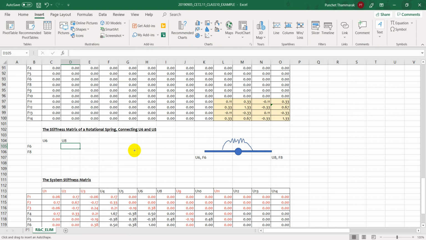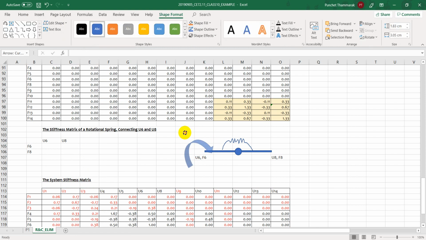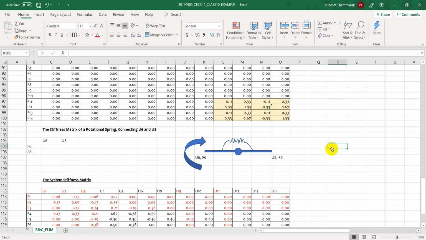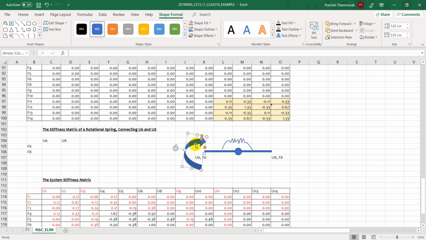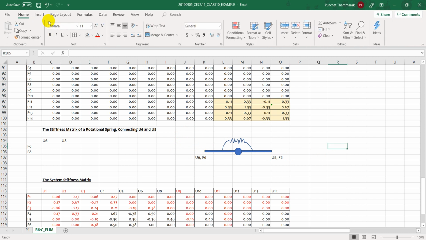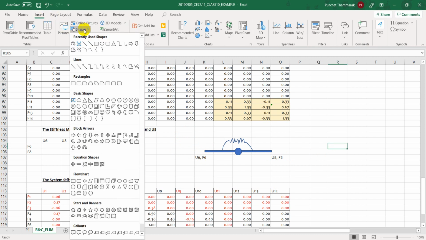All right. Okay, so if I apply, this is clockwise. Let me put the counterclockwise one.